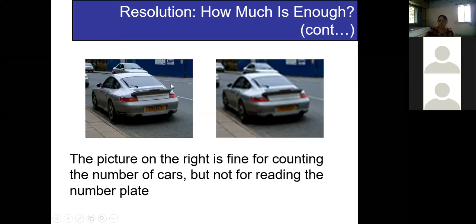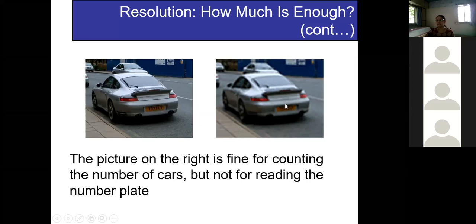Okay, but if the application is recognizing the number plate, is this resolution sufficient? Of course not, because with this resolution, we are not at all able to read the number plate. So if the application is number plate recognition, of course, you need better resolution as shown here, where you can read the number plate easily.